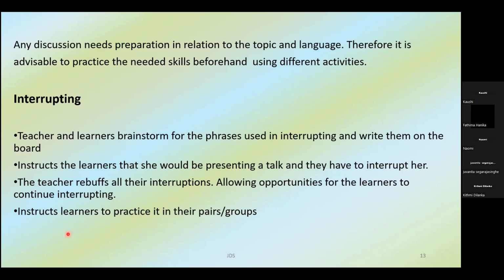And finally, the teacher will answer the questions or the queries of the learners. Now this is just an example of how one language function can be taught. Similarly, we need to find ways to teach the other language functions as well.